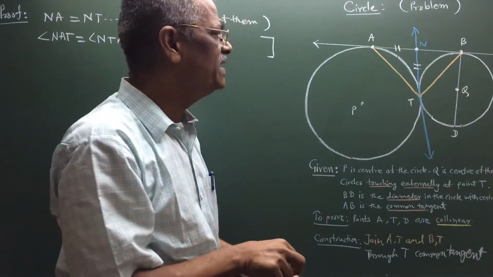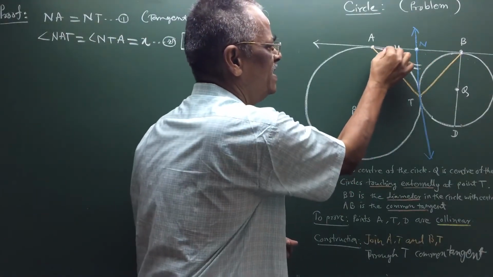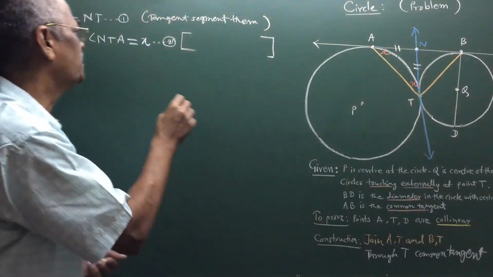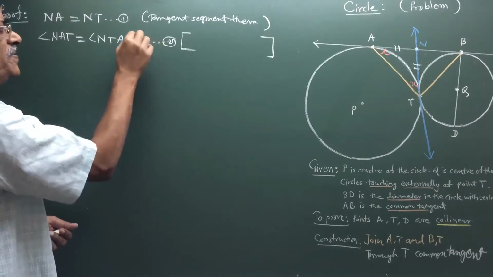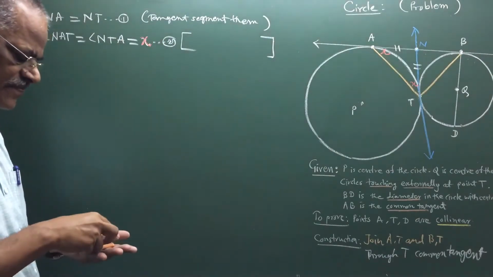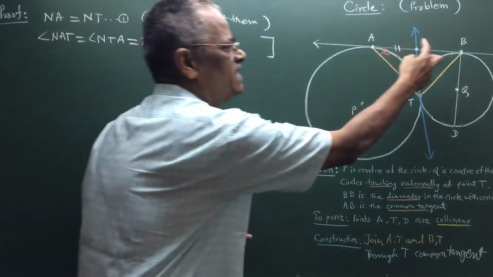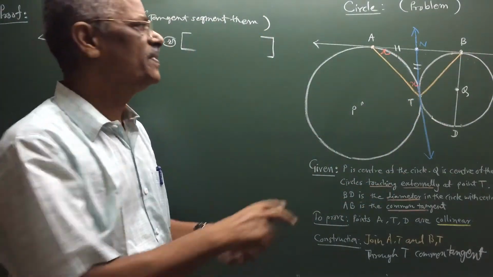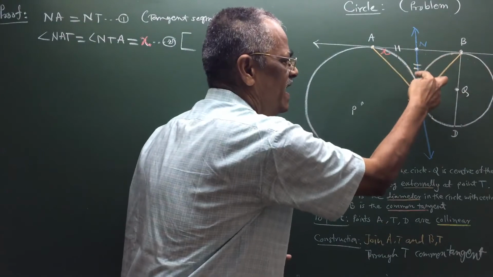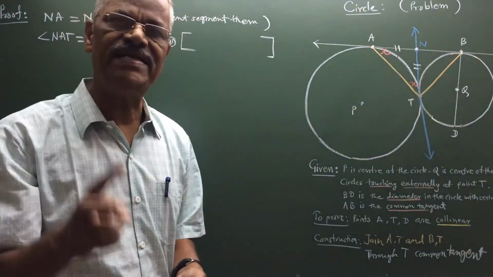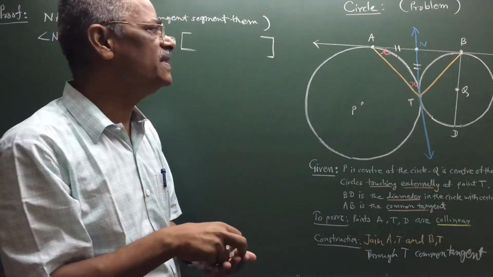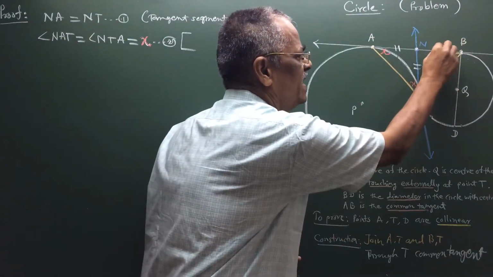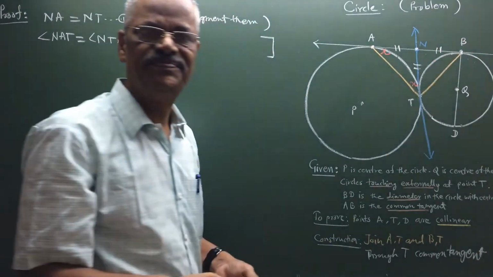So we are taking the measure of angle like this. We are using this X there. Remember this point. Similarly, in this triangle NBT, remember that same property. NB and NT are tangent segments to the same circle. So definitely NBT is again an isosceles triangle.